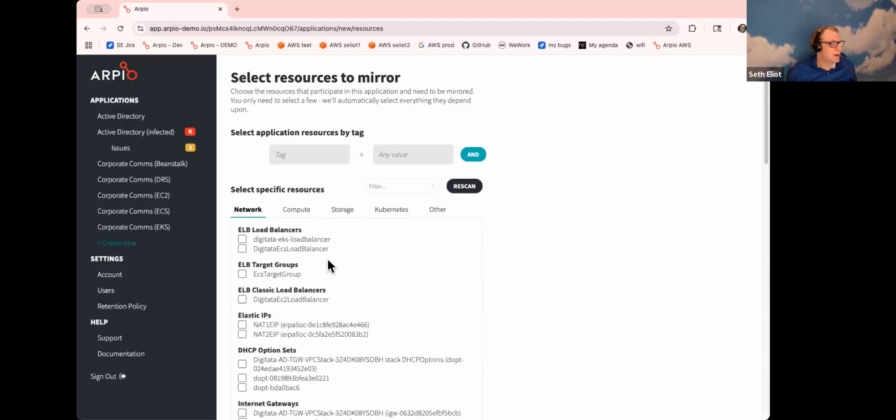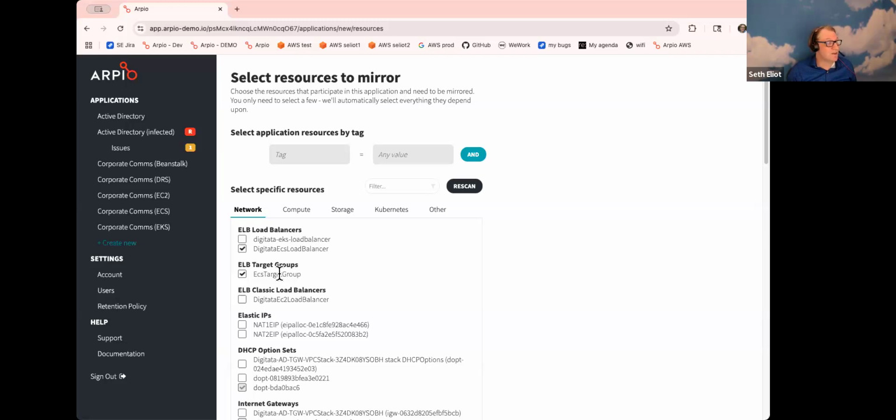I have an ECS workload I'm running here, and I know that that ECS workload is using an ECS load balancer. So here's a target group. I could pick that. Or actually, I could have just picked the load balancer. I could pick the ECS load balancer, and look what happened.